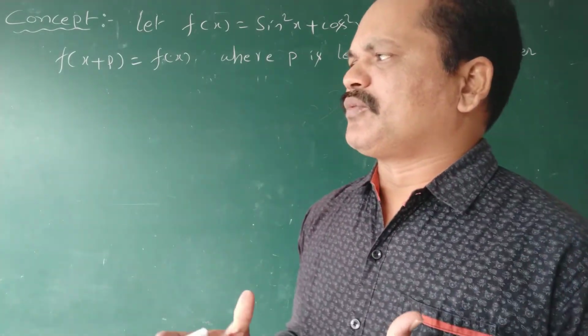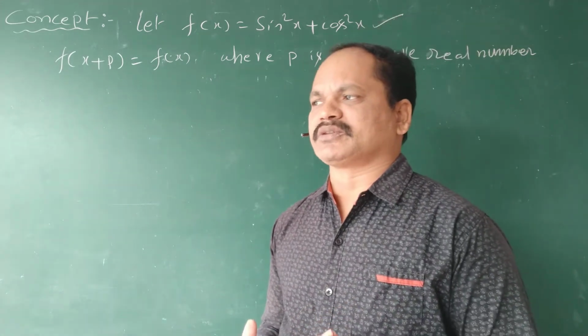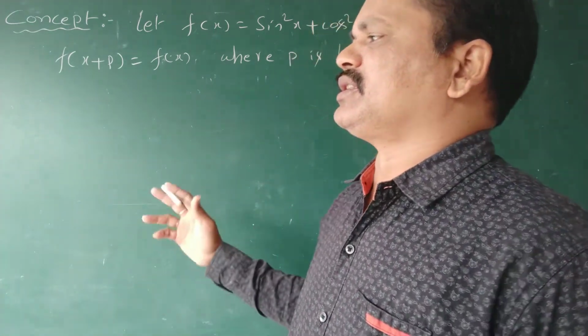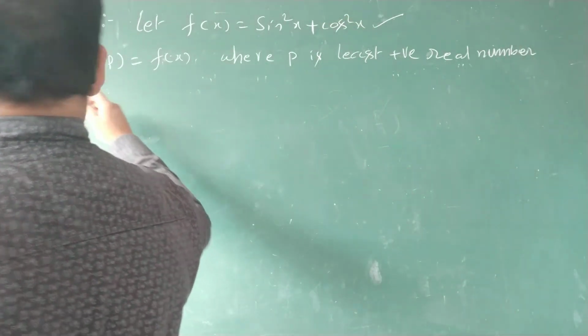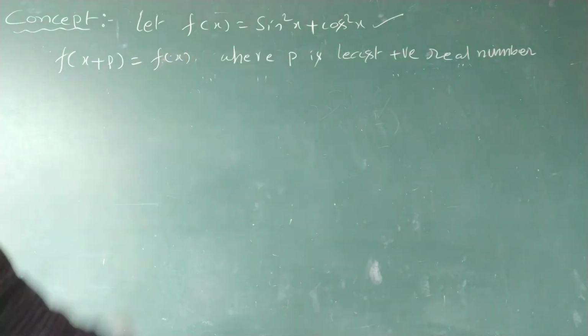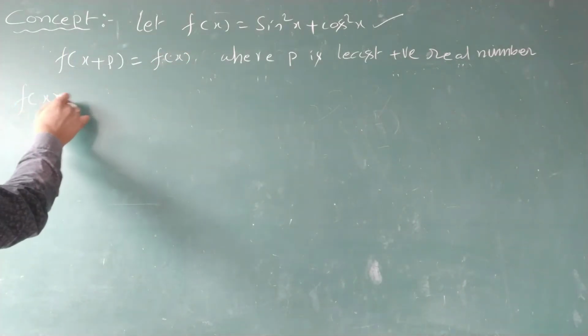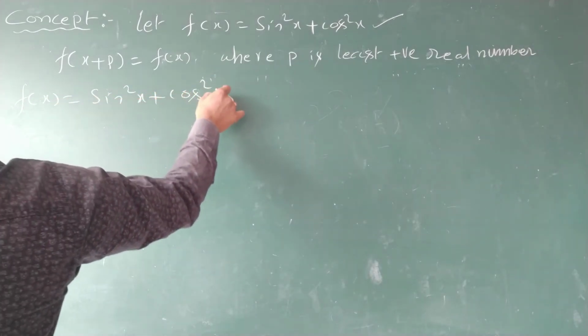That means for f of x plus p equal to f of x, p is the least positive real number. According to this definition, we have to identify the period for this trigonometric identity. So take the function f of x is equal to sin square x plus cos square x.